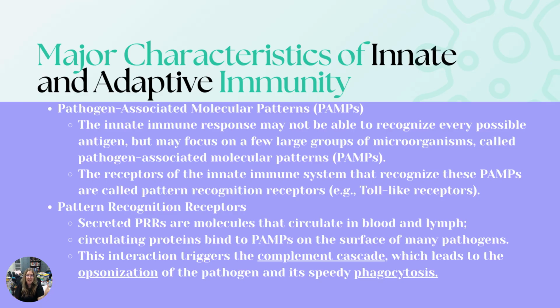So recognition is going to then trigger a downstream response of signaling, inflammation, complement activation, opsonization, and phagocytosis. So this is how the innate immunity can respond quickly without needing to identify the exact organism first.